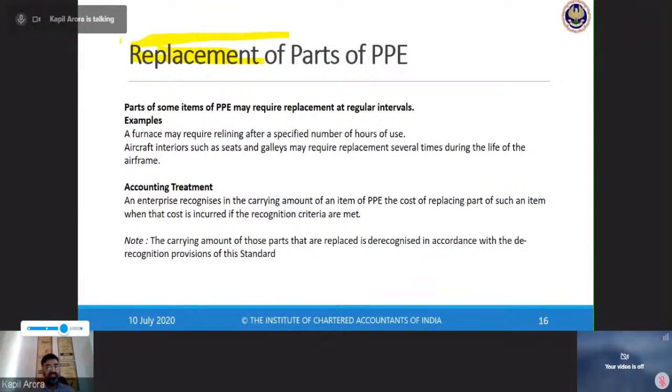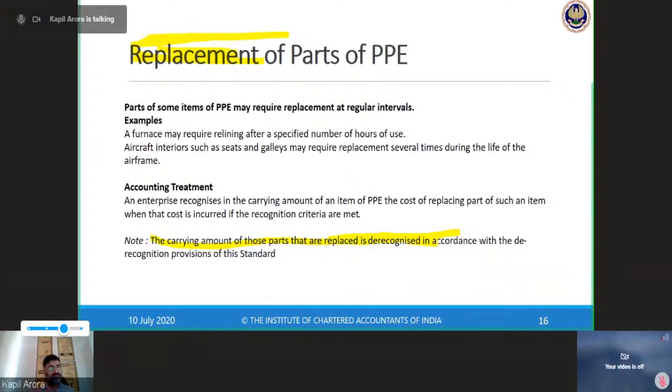So it says the carrying amount of those parts will be de-recognized. This is not impairment, Saurabh. We will discuss that impairment later, but this is not impairment. So hope this is okay with everybody, right?